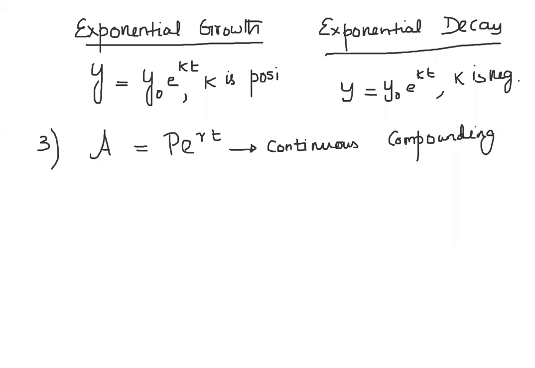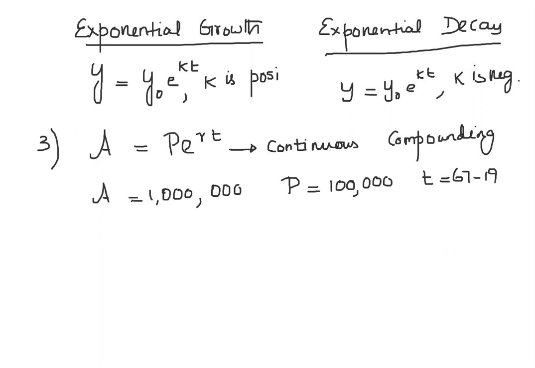So A is given as 1 million, and P is the principal amount, how much you are investing, it's 100,000, and T is, when you retire, 67 minus 19, so T is going to be 48.